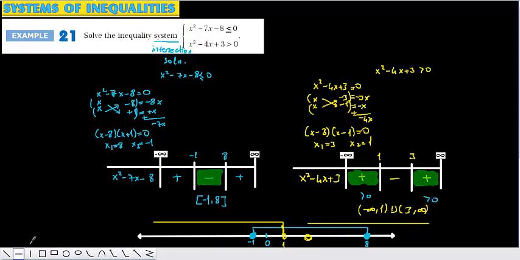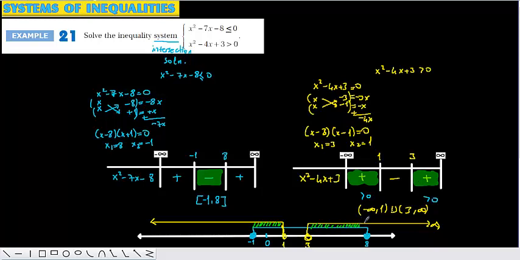Then this is the minus 1 to minus infinity side, and this is the 3 to infinity side, and as I told you before, we are looking for the intersection. So this part is the intersection of both inequalities.